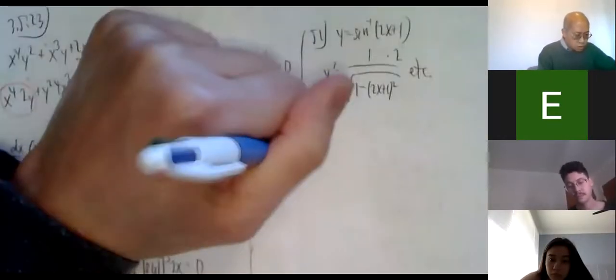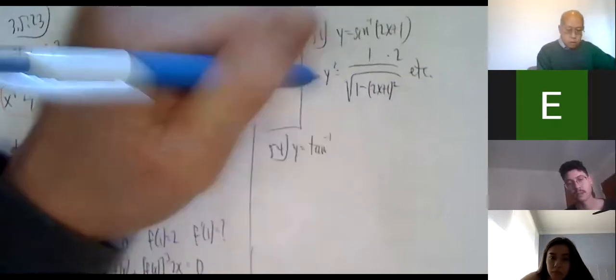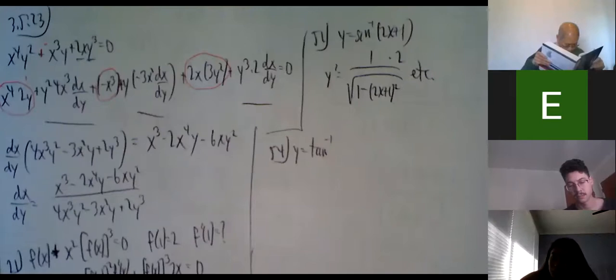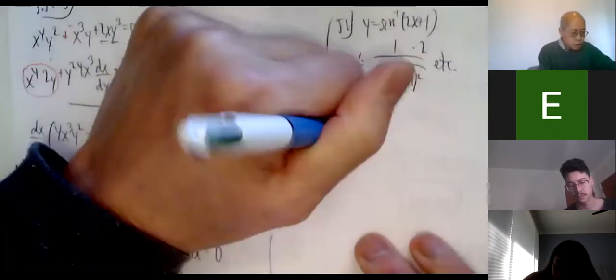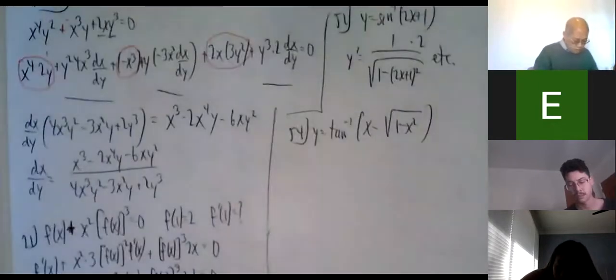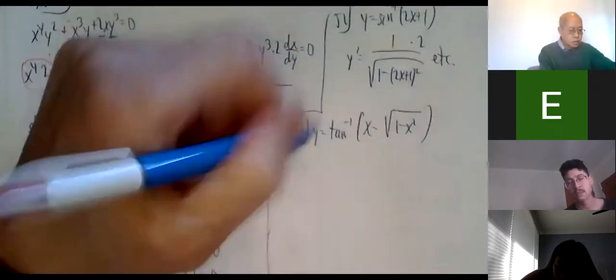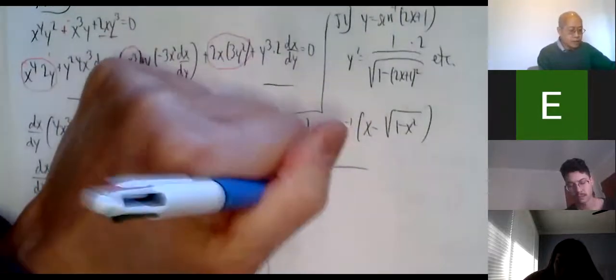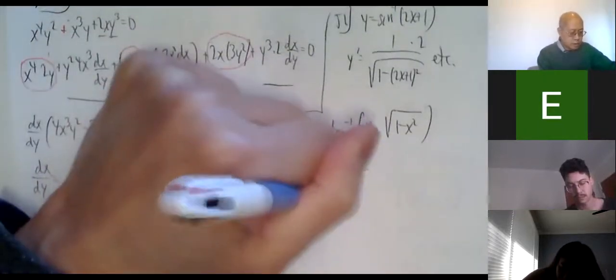54. y equals inverse tangent x minus radical 1 minus x squared. 1 over 1 plus this thing squared.